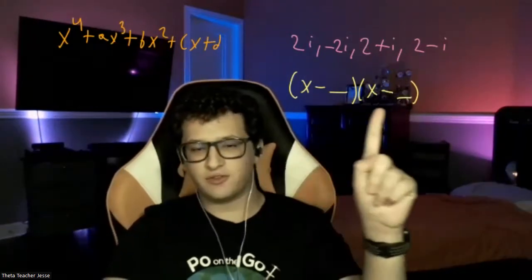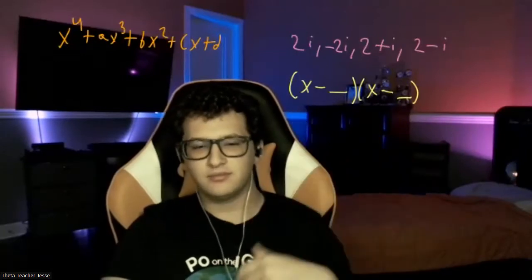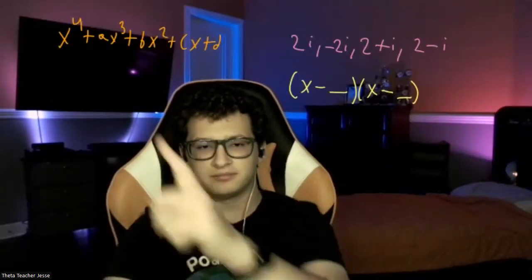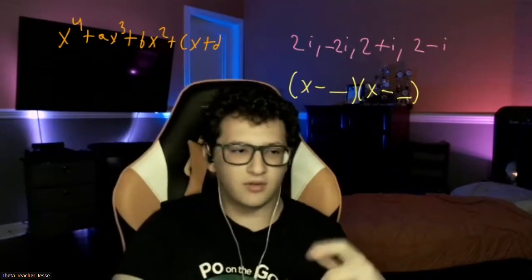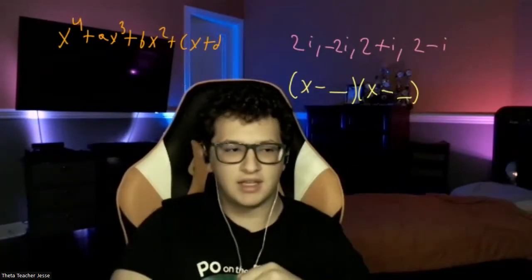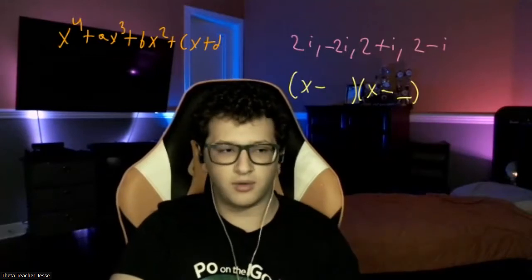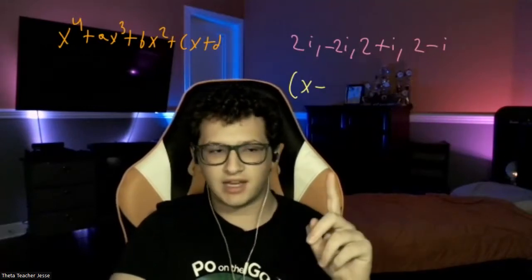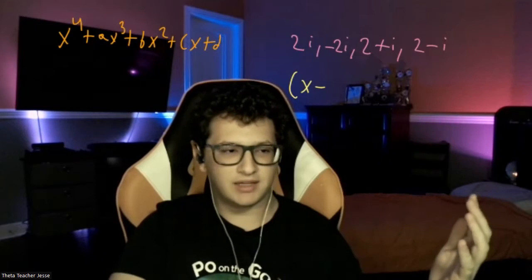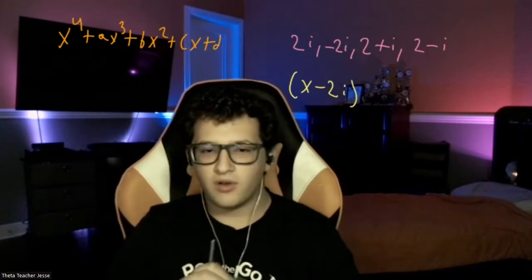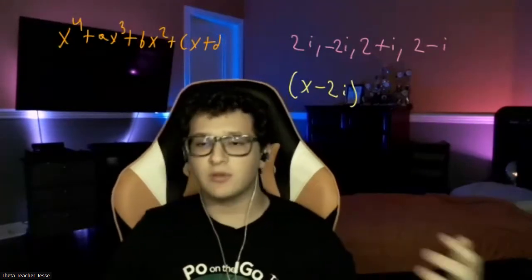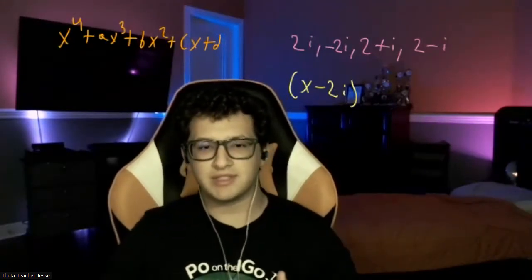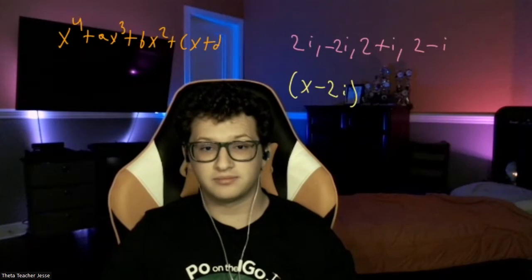If we write it as 4 different sets like this, then when we multiply it together, we get this polynomial. What you put into these blanks are the roots of our equation. If we have x minus 2i, then when we plug 2i in for x, this pair equals 0. So when we multiply them together, the entire thing is 0.